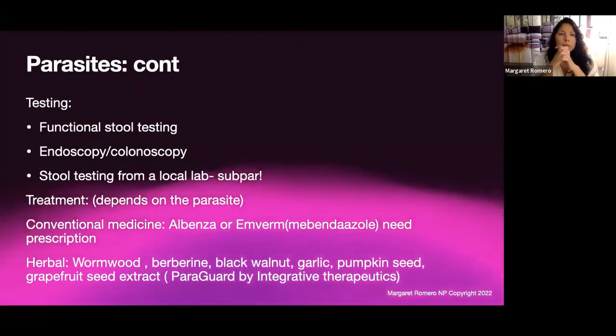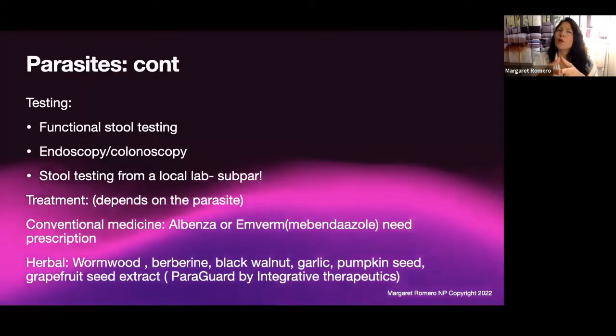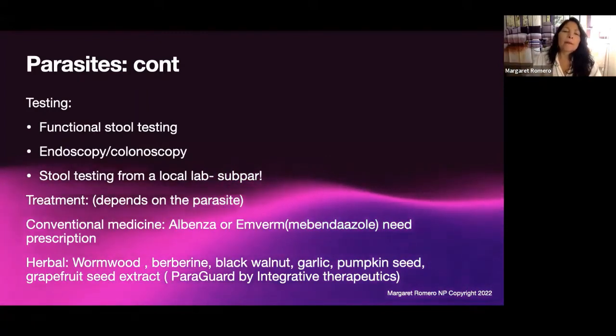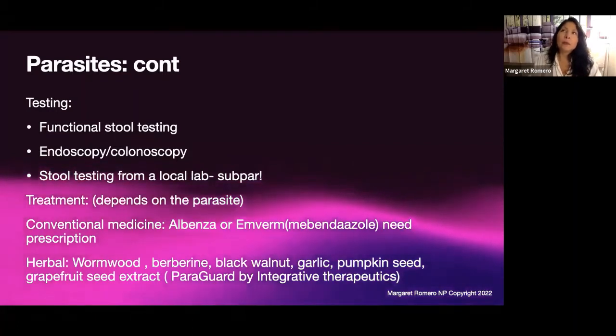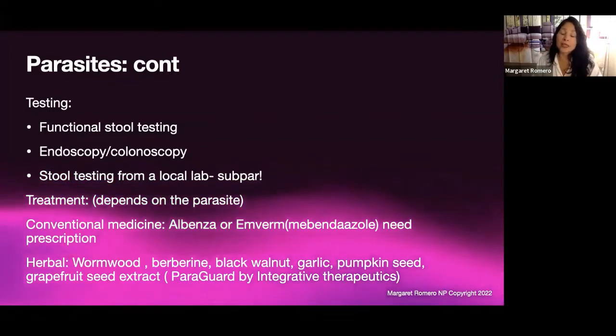So treatment depends on the parasite. There are so many over-the-counter parasite detox cleanses of all kinds. I've seen people trying to be on a detox when they're really ill, and that's not a good idea, because your body can't handle a detox.